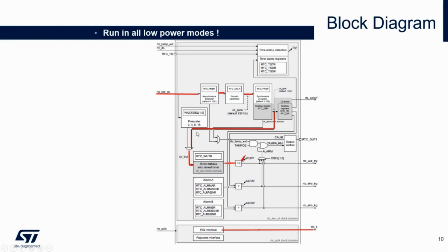This 1 Hertz clock will be sent to this wake up timer here, and it will generate a wake up interrupt every second. So this is why you also have the IRQ highlighted in red on this block diagram. Okay, so let's do that.